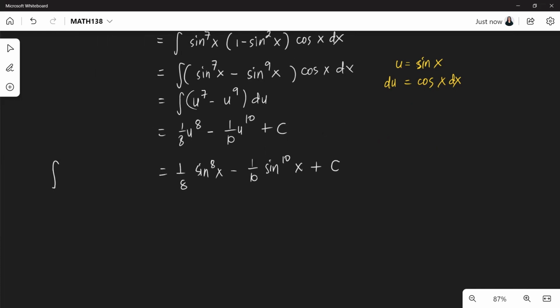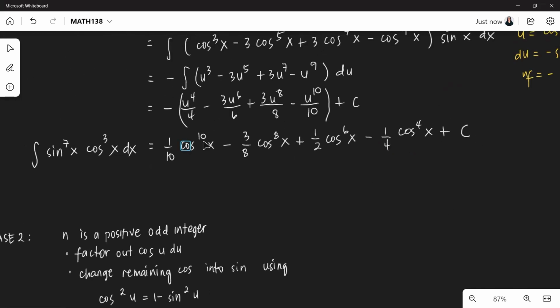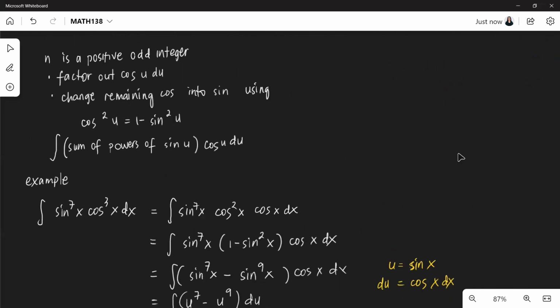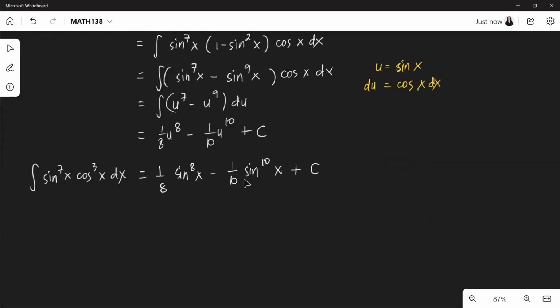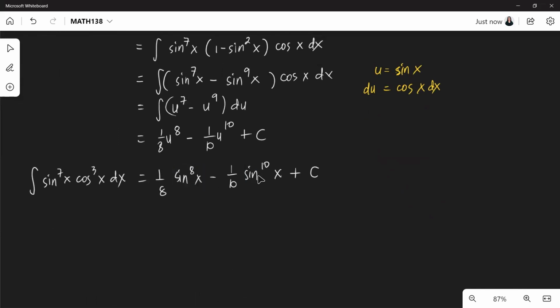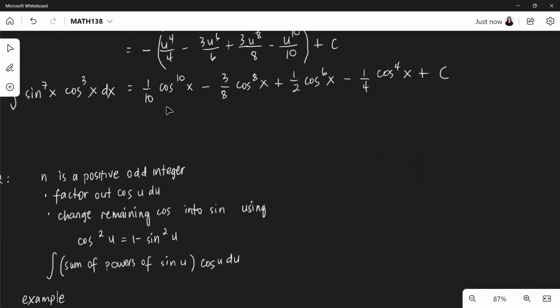Okay, so let's see if again we got the same answer. From number 1, case 1, it has 4 terms and then the plus c. But as you can see here, the case 2 answer is only composed of 2 terms. But it's in sine, and that one is in cosine.